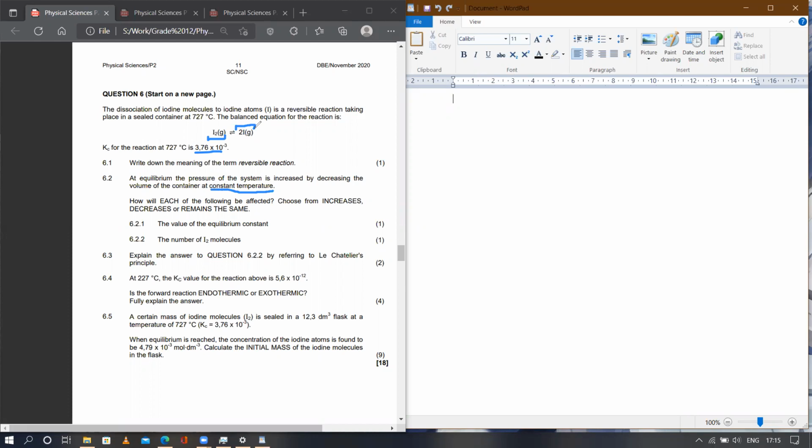But anyway, so that's just gonna change the answer of 6.2.2. So instead of saying that this is gonna decrease, it's actually gonna increase. So I'm sorry about that mistake.